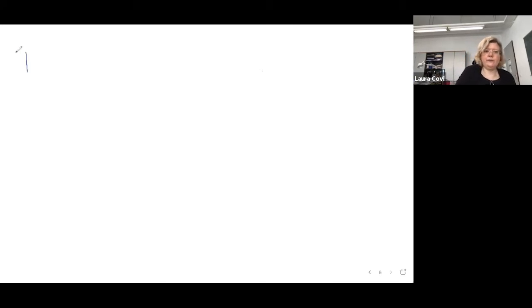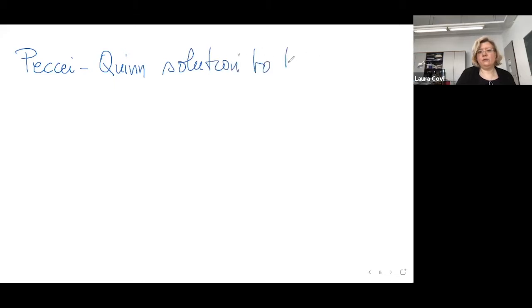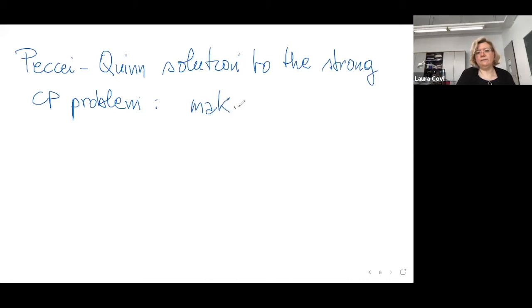So that is the famous Peccei-Quinn solution to the strong CP problem: make this theta dynamical.